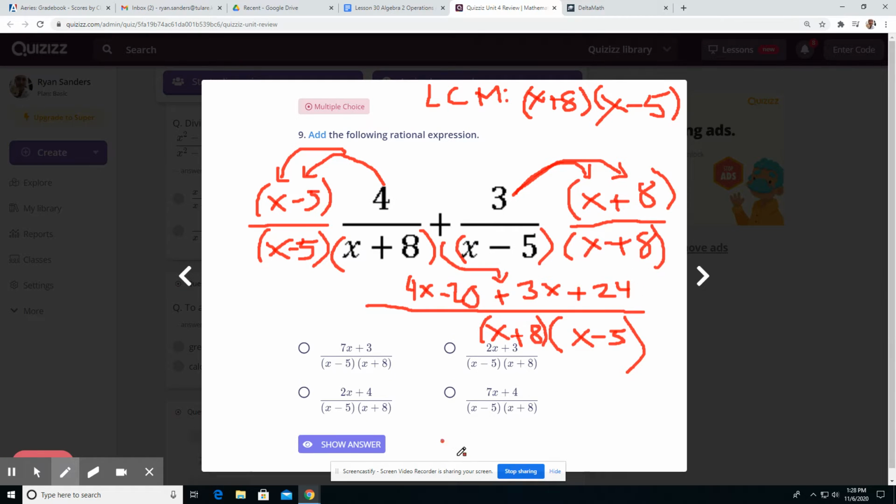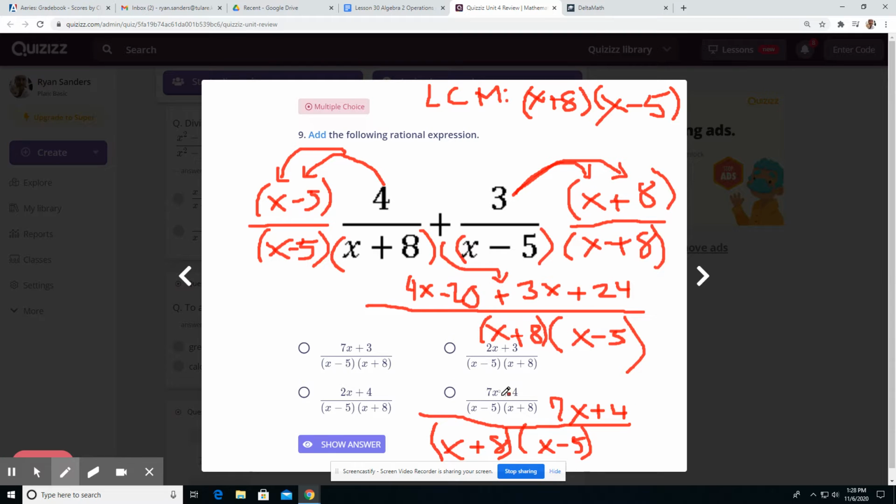So we have that same bottom number, x plus 8 times x minus 5. What's on top? 4x and 3x makes 7x. Negative 20 plus 24 make 4.